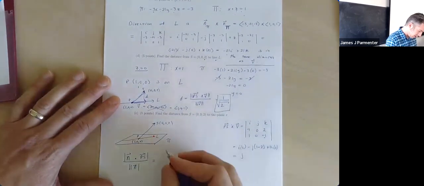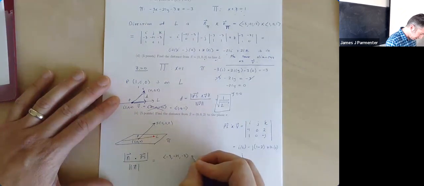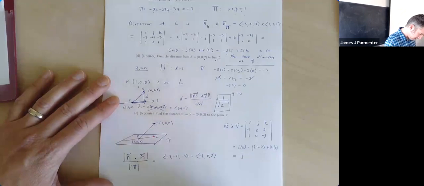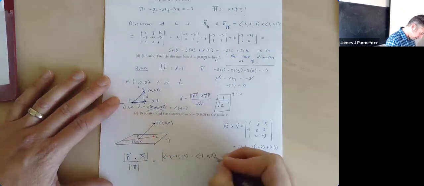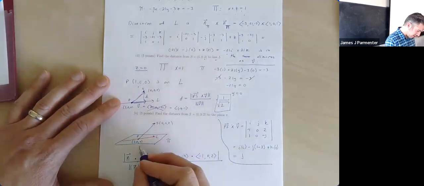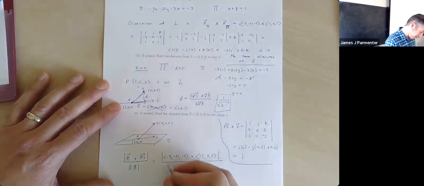Yeah, sorry. So we're going to get -3, -21, -3, dotted with the vector PS, which is again, -1, 0, 2. And we'll put some absolute values around that. Divided by the magnitude of the normal vector n, that's terrible.